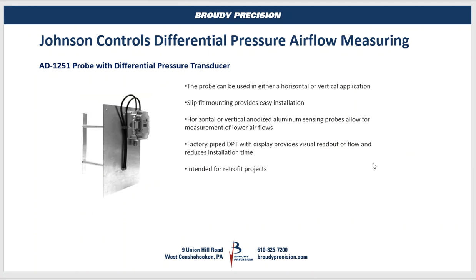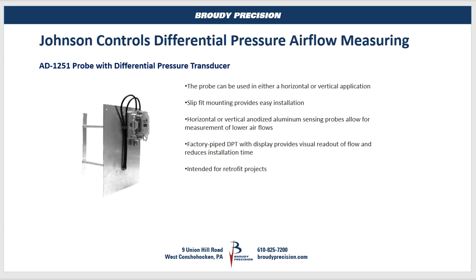Our next slide shows the AD 1251 Johnson Controls differential pressure airflow measuring system. Again, it has a probe that easily slips vertically or horizontally into the ductwork. You'll see that the plate on the side here accommodates any kind of openings that you're going to make into your ductwork. The transmitter mounted to the side of this plate already has the pickups associated with the static and total airflows wired to it.